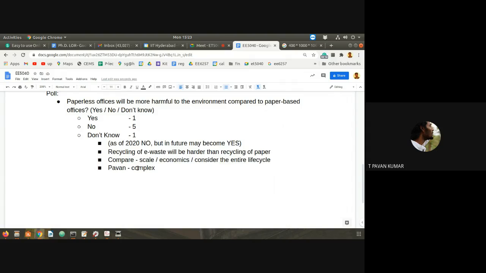One is the amount that we're going to use. If our population increases, there is going to be scarcity. I think in the best case scenario, our population will go down. If we consider that, we'd be better off going paperless.